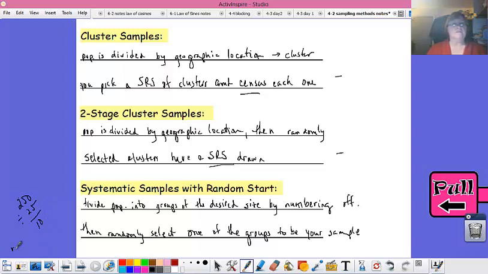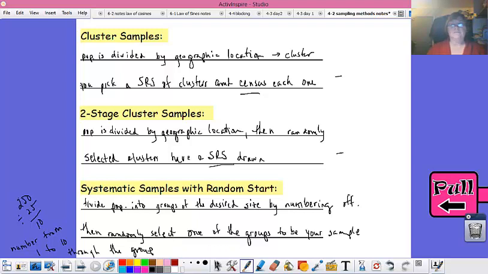You would number from 1 to 10 as many times as you could from your group of seniors. You will have divided it up into 10 groups of 25 people, and you randomly select one of those 10 groups to use as your sample.